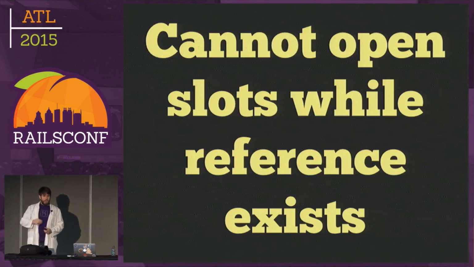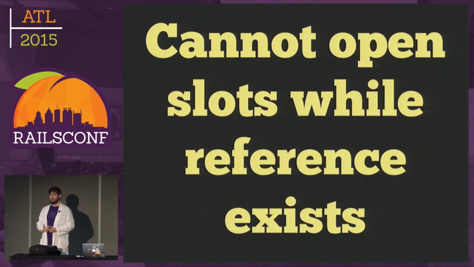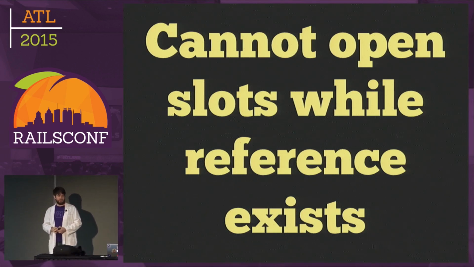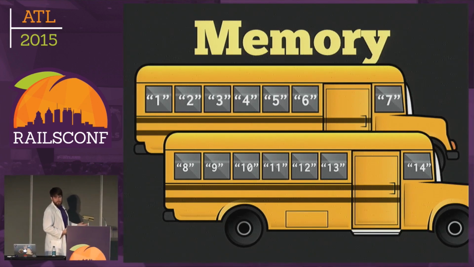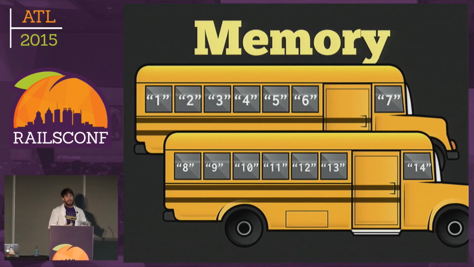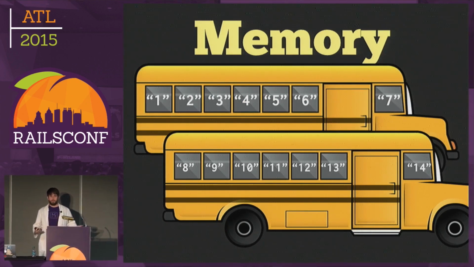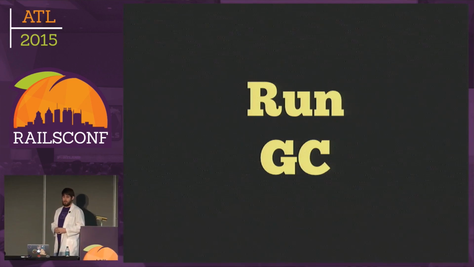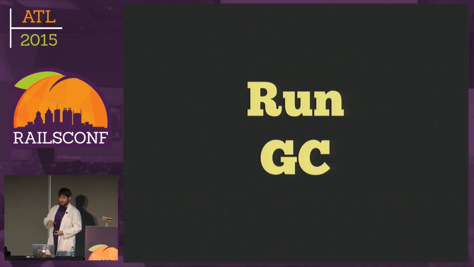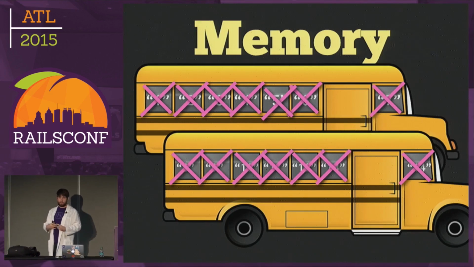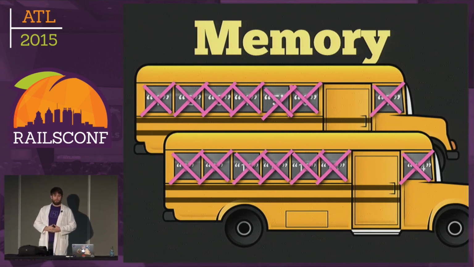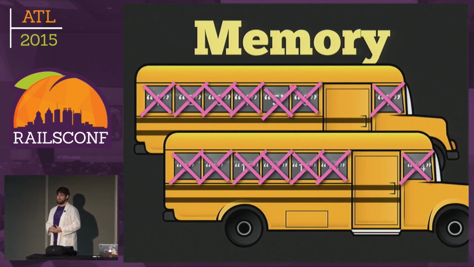We can't clear a slot while a reference to that item still exists. So what's happening is we fill up our buses, we've gotten to 14, and we need to keep going. We're going to run garbage collection, and after the entire program has finished executing, yes, we can clear those slots, but Ruby never actually releases memory.